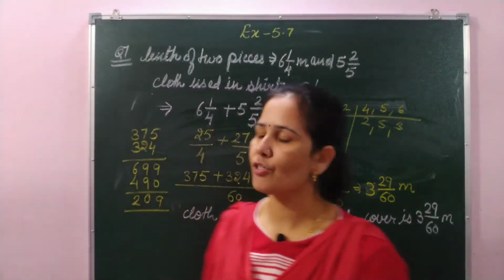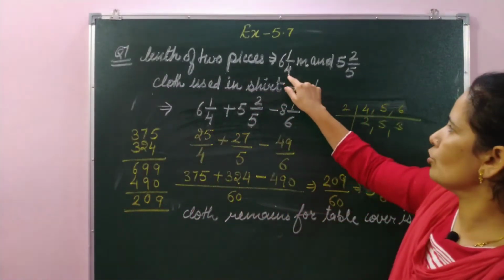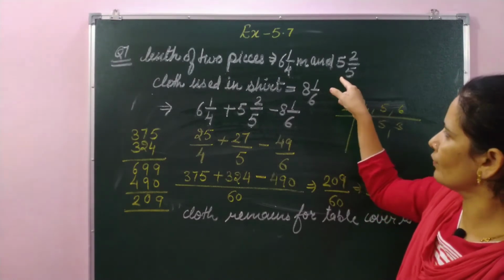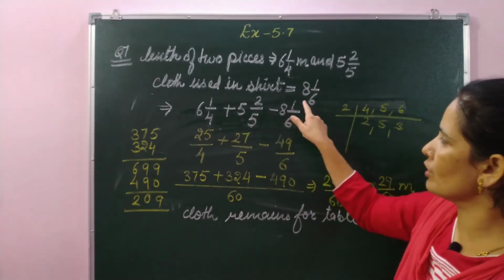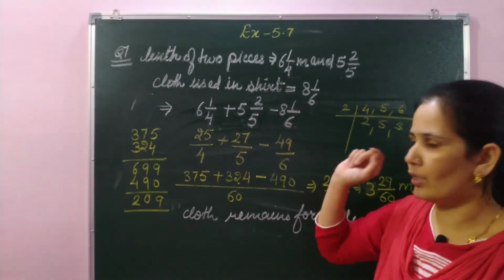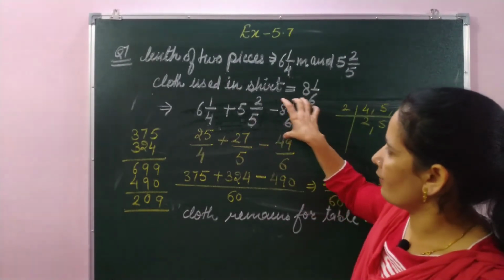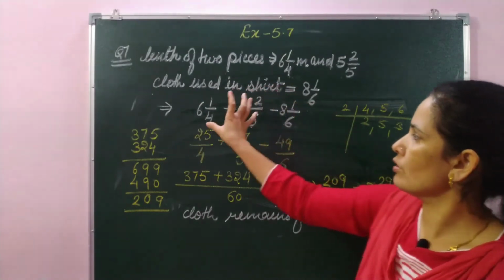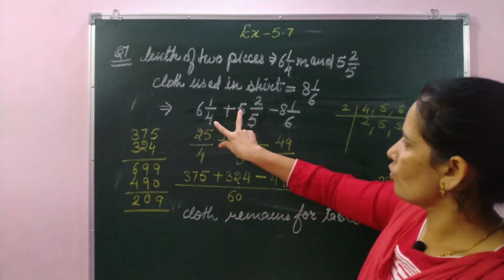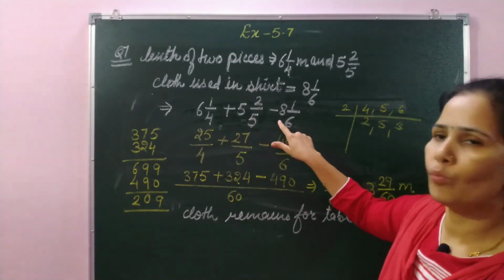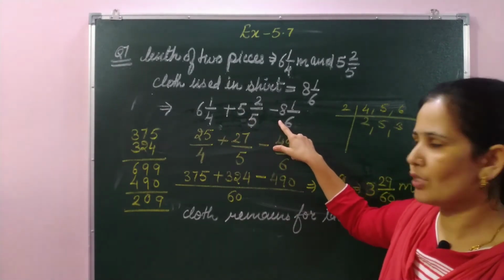So, how did we do this question? First of all, add these two pieces of cloth, whatever they have given. After adding these two, we have to subtract the cloth used for the shirt. And I wrote this together only because if we write it separately, it takes more time for the calculation. So first these two and then minus the cloth used for the shirt.